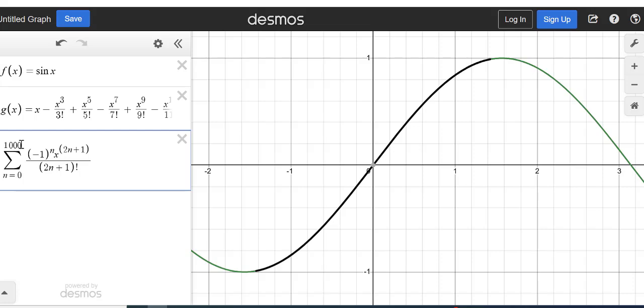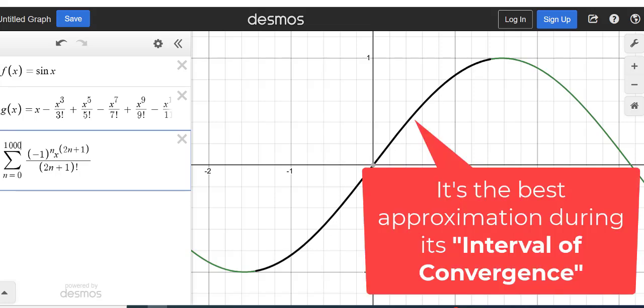So we can work through terms like that: negative 1 to the n, x to the 2n plus 1 over the quantity 2n plus 1 factorial. So it was basically x to the odd power over that same odd number factorial. And you can see that this is almost a perfect trace of my sine function.